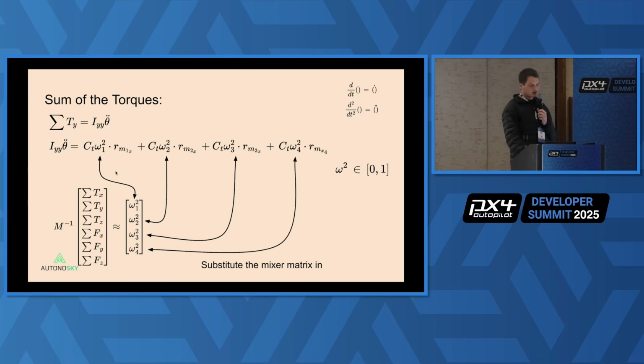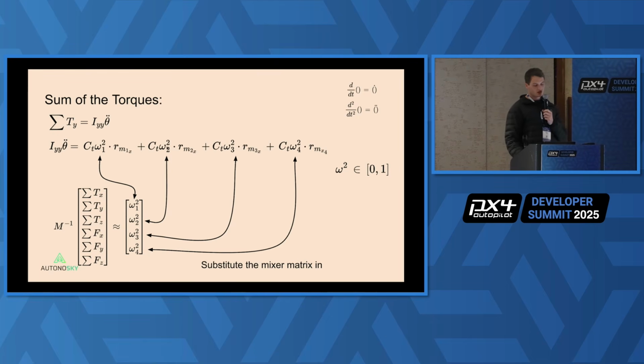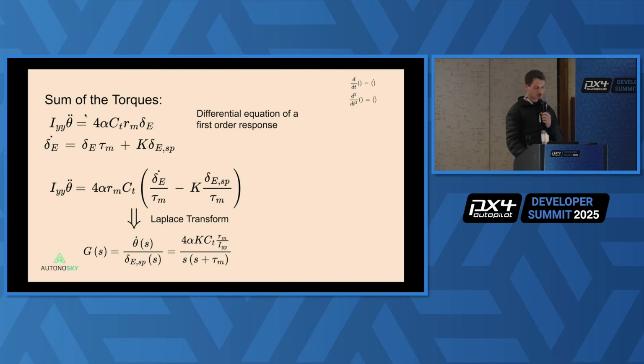And then we substitute our mixer matrix into each of these motor rotational velocities, which simplifies the equation quite significantly. And so this is the equation after we have done the simplification, and I'll describe each of these terms on the next slide.